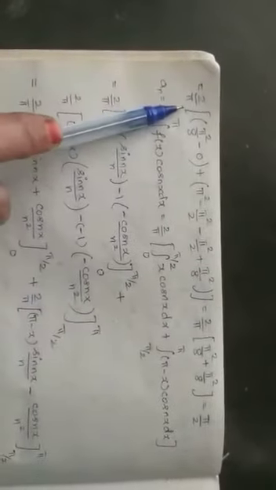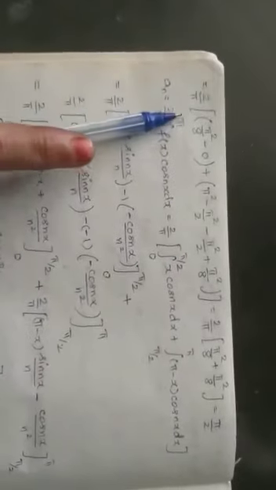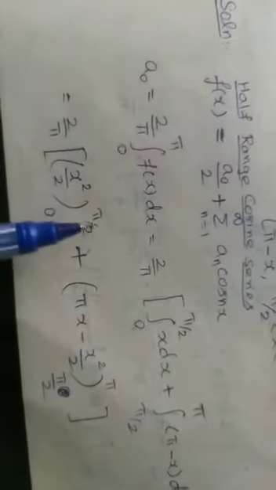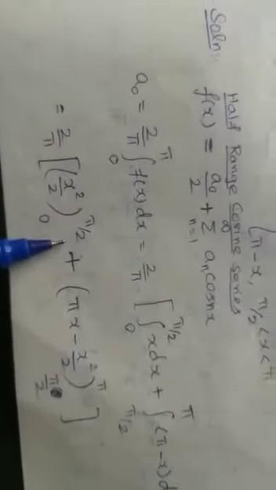Which is equal to 2 by pi. Now here we have to listen very carefully. For x square divided by 2, the upper limit is pi by 2, so instead of x you replace pi by 2.